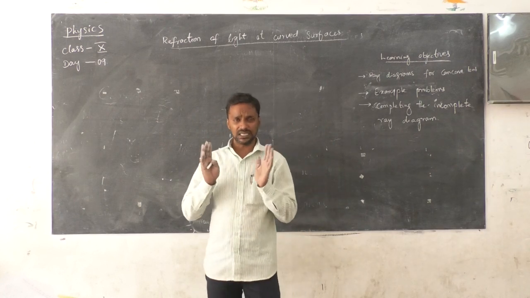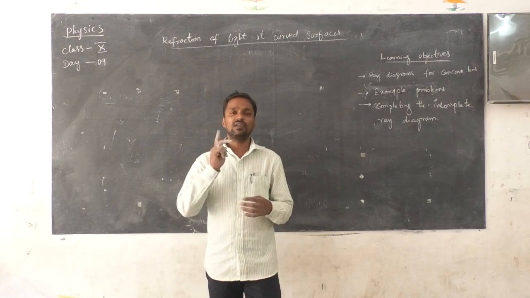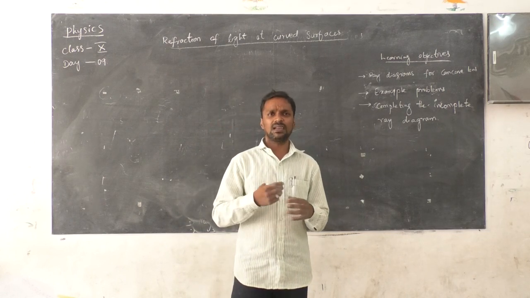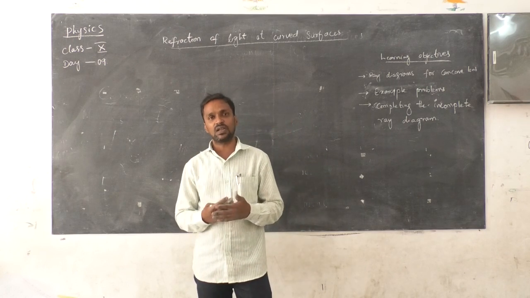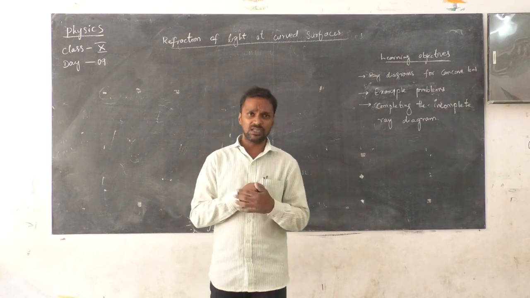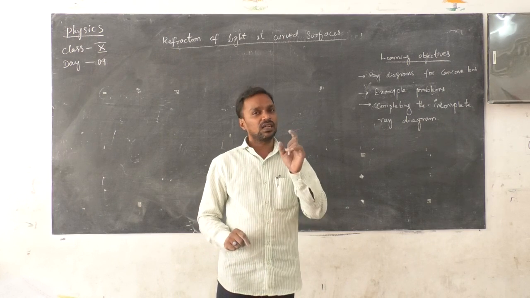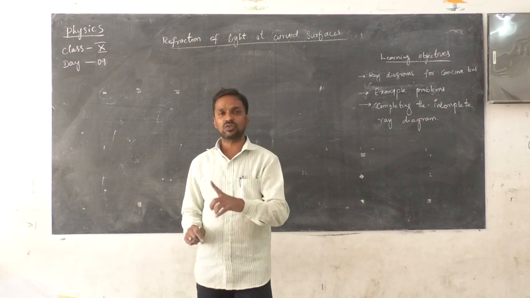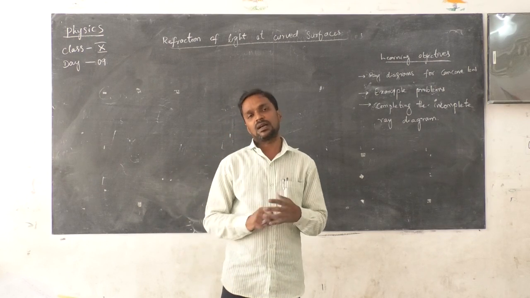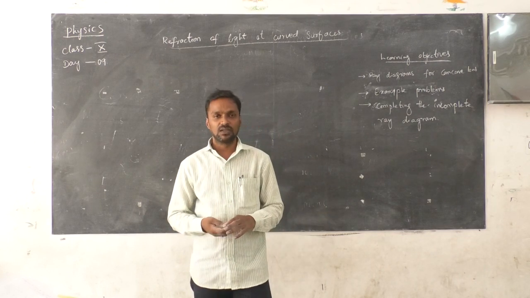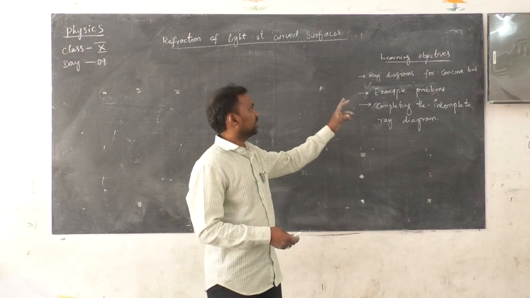In all these 6 cases, only one case gives an enlarged, virtual and erect image. That particular case can be used for making a simple magnifying glass or simple microscope, we can say. So in that case, now we are going to learn.